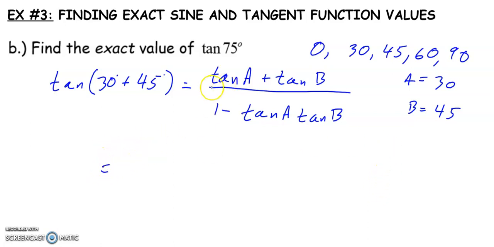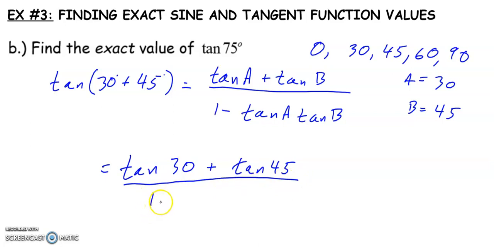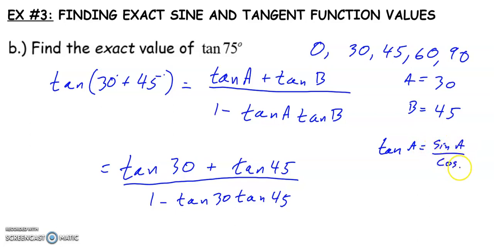So we're going to find the tangent of 30 plus the tangent of 45 over 1 minus the tangent of 30 times the tangent of 45. Now, remember, tangent is sine over cosine. So the tangent of an angle equals sine of that angle over cosine of that angle.